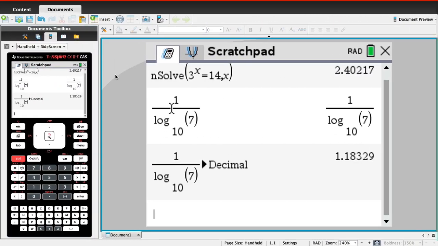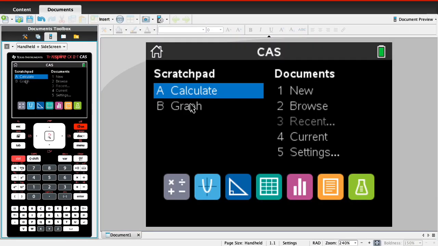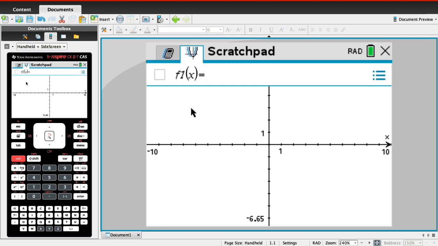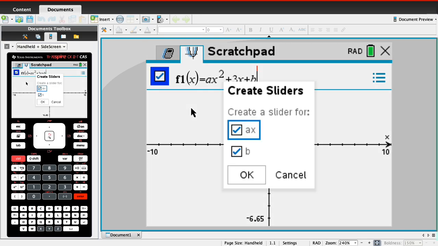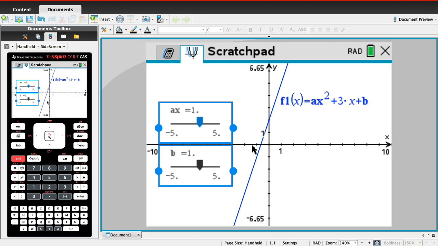So, let us take a look at this in the calculator because it'll be a lot easier. So, I'm going to plug in an equation.